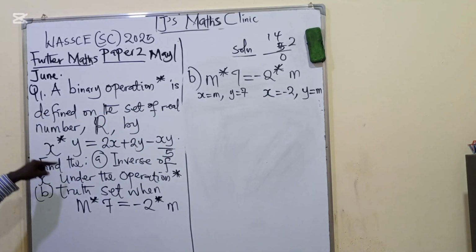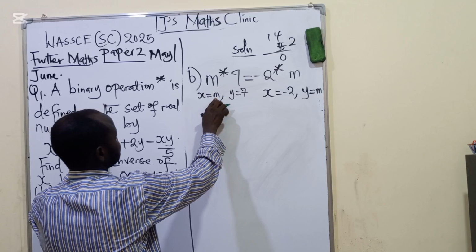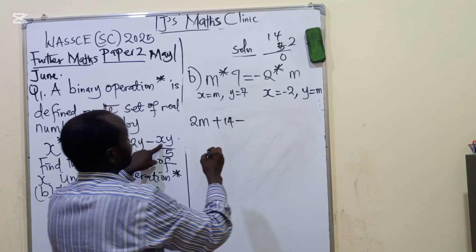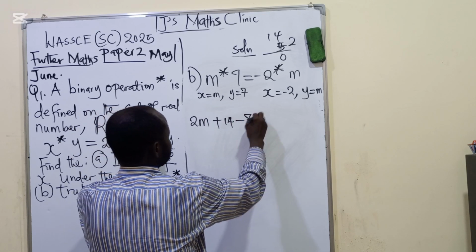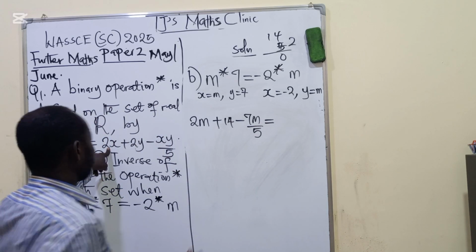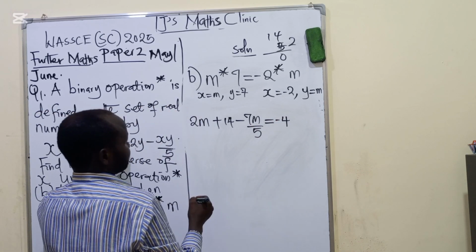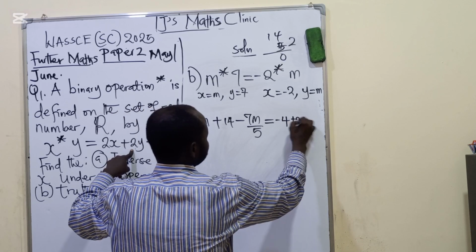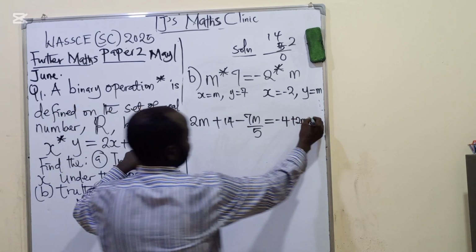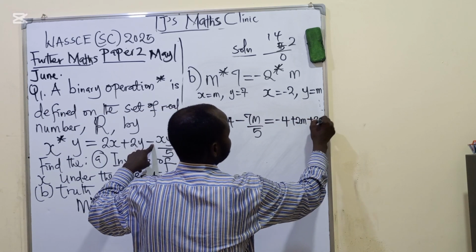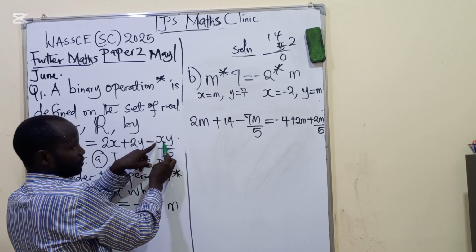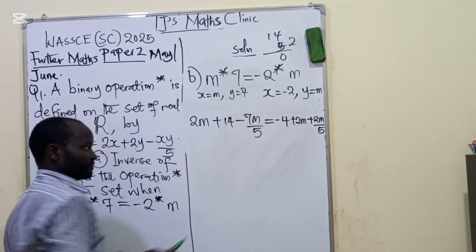So let's substitute and see. 2 in place of x is M, that will be 2M, plus y is 7, that will be 14, minus x is M, y 2 times that is 7M, divided by 5 will now be equals to, here x is minus 2, that will be minus 4, plus y now is M, that will be plus 2M, x is minus 2, minus times minus is positive, that will be plus 2 times M, that will be 2M divided by 5. Sorry, this is how it's supposed to be.